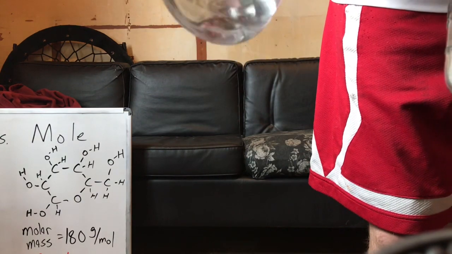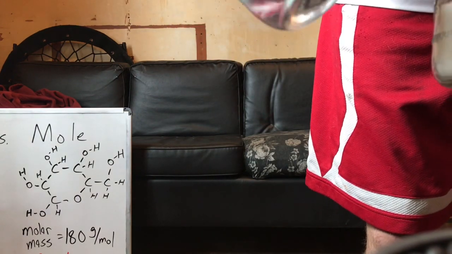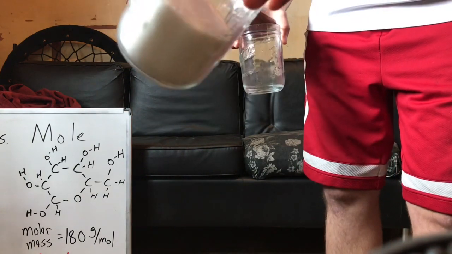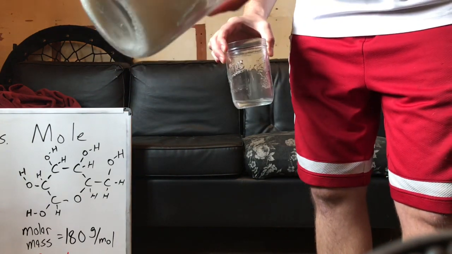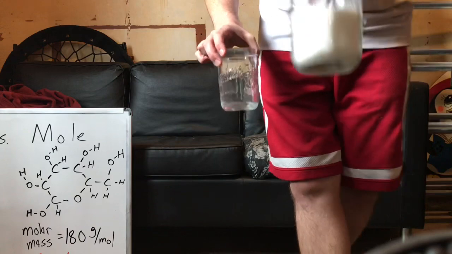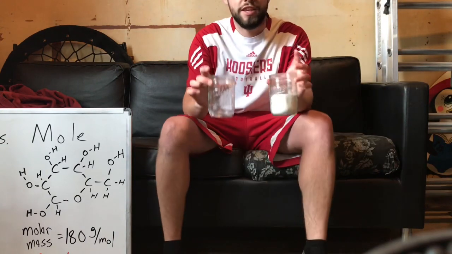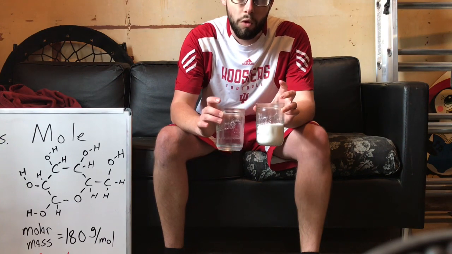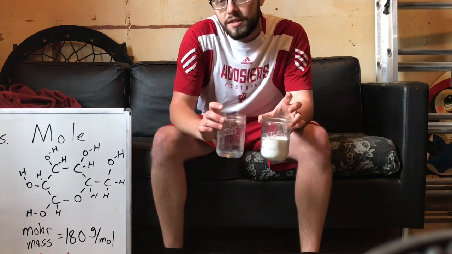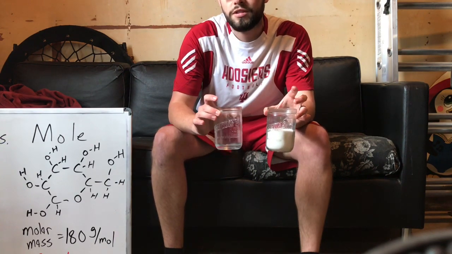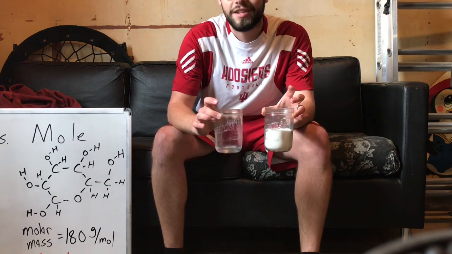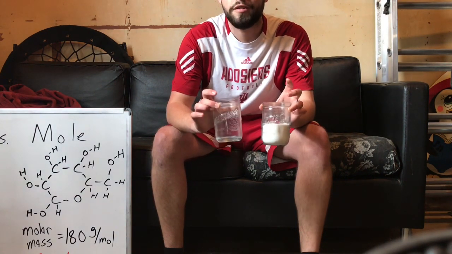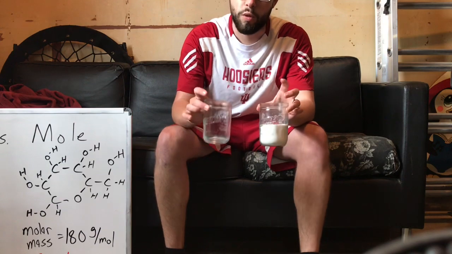A mole of water doesn't seem like a lot of water, but a mole of sugar, that looks like quite a bit of sugar there. But I'm telling you, both of these are 1 mole. That means that there's 6.022 times 10 to the 23rd molecules in each one of these.